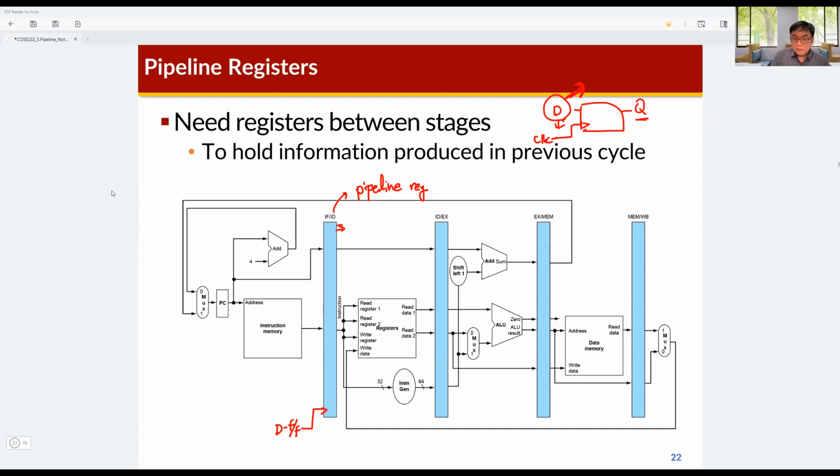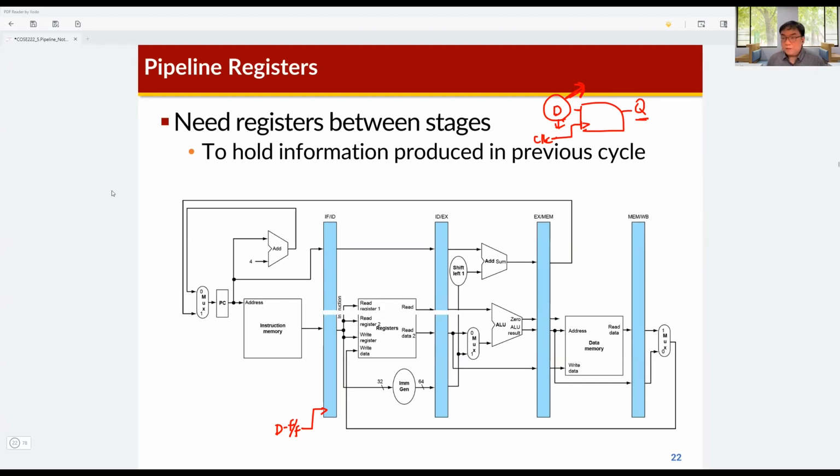That's why these D flip-flops are called pipeline registers. We already know that a register means a temporary memory that stores data.